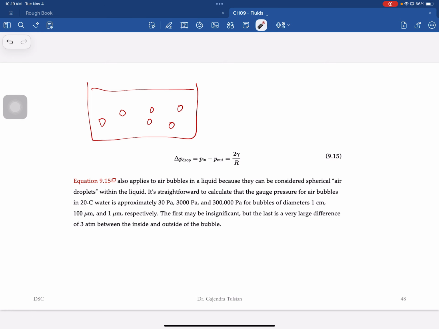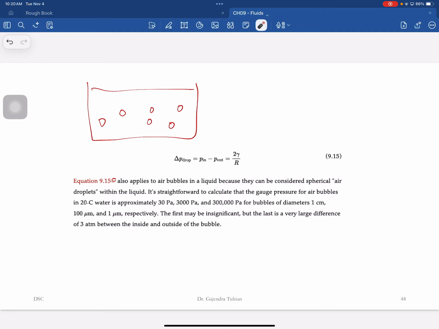Water is approximately that, so the extra pressure in this bubble for these size bubbles: 1 centimeter bubble, 100 micrometer bubble, and 1 micrometer bubble. 1 centimeter is that big.